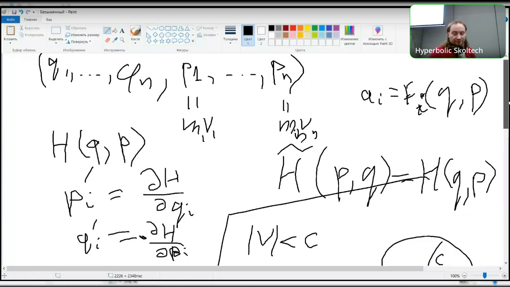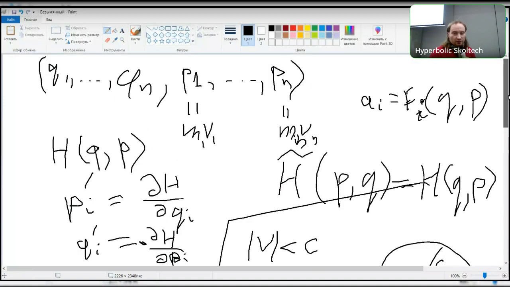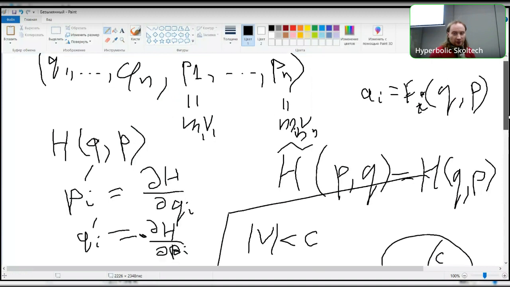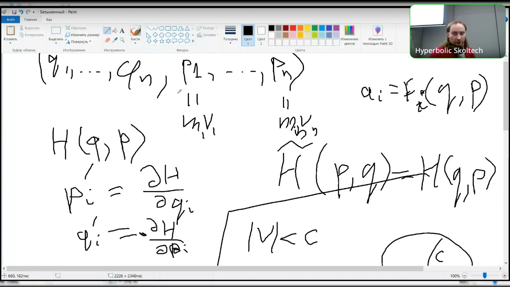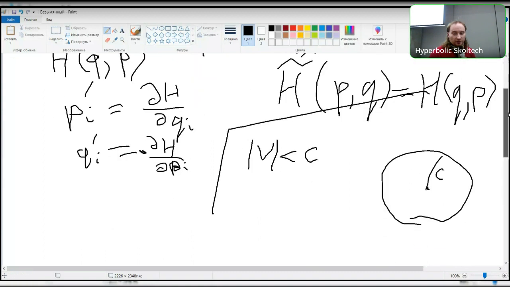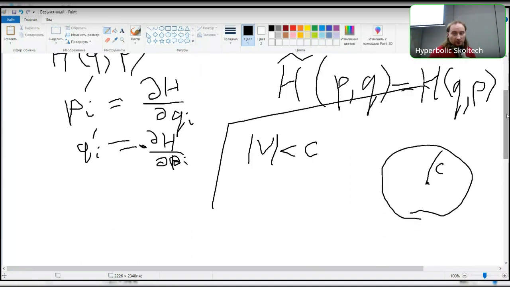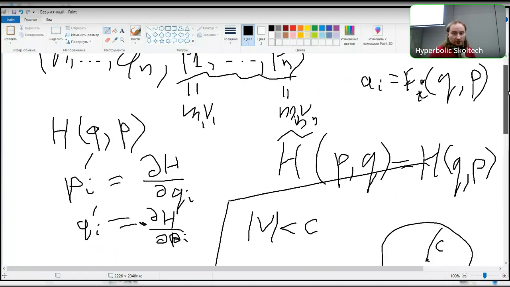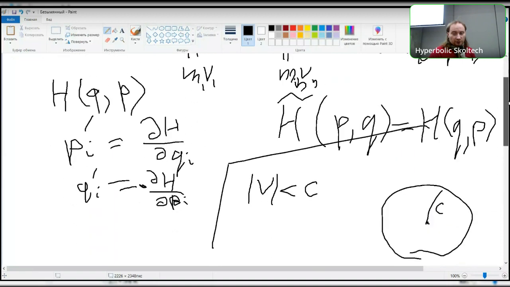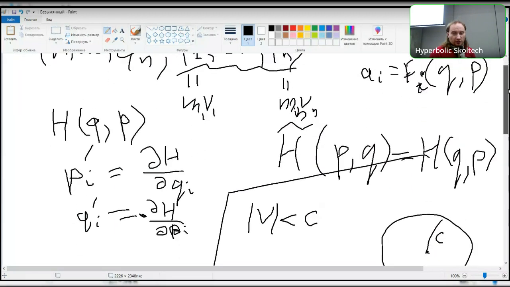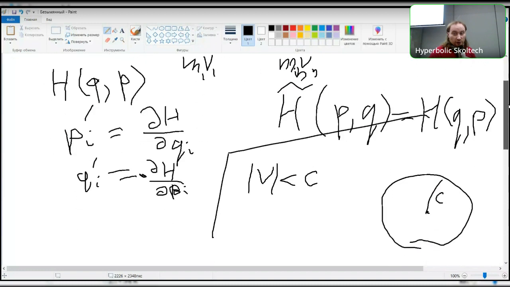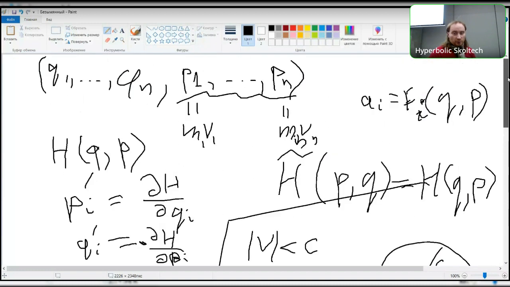So actually, usually in classical Newtonian mechanics, we have the Euclidean space of impulses, right? But in relativistic physics, it is a hyperbolic space of impulses.